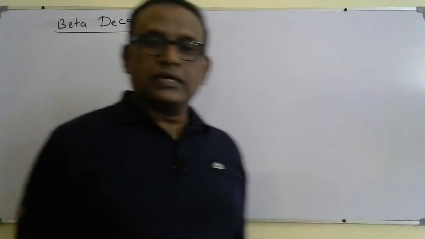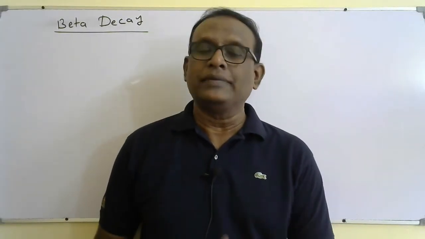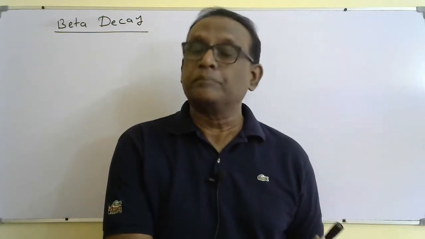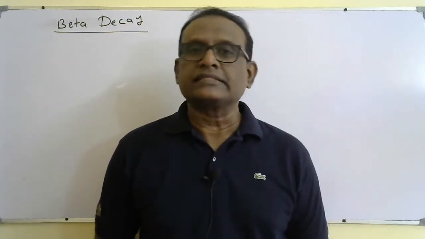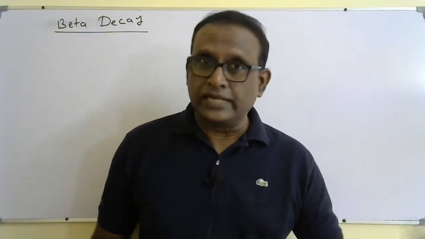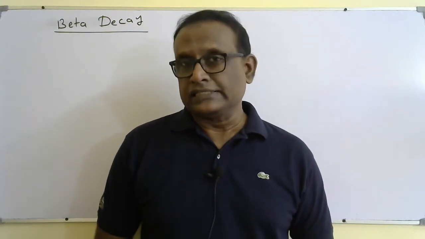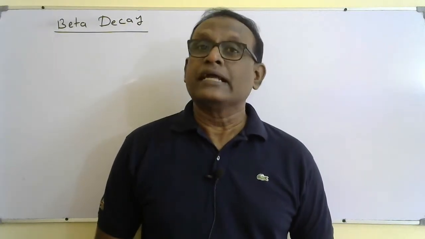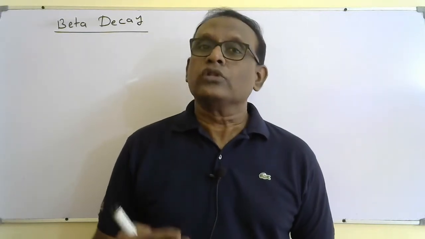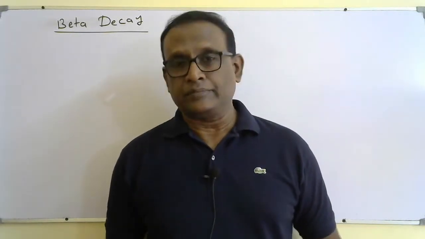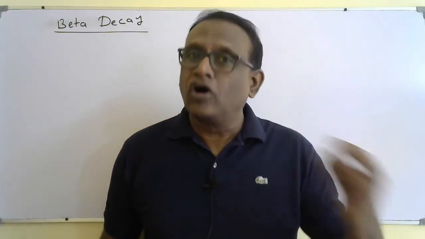In O-level IGCSE you learned that there are two types of beta decay: beta minus and beta plus. Beta minus is just a normal electron, and beta plus is the positron, the antiparticle of the electron. The nucleus emits beta minus when the number of neutrons is more than the number of protons. A neutron breaks up and forms a proton.